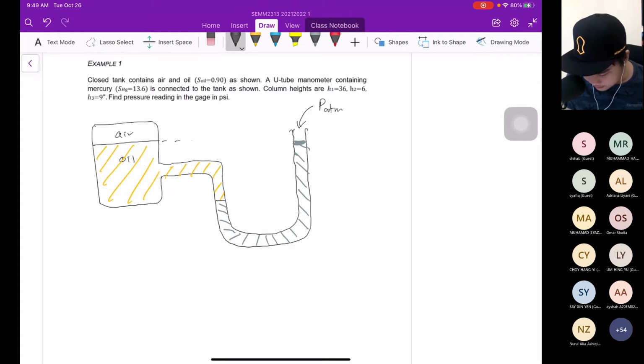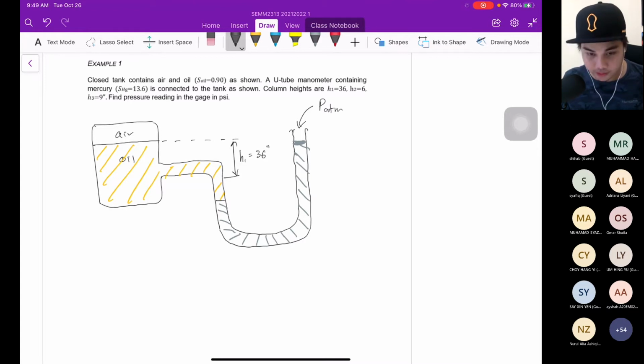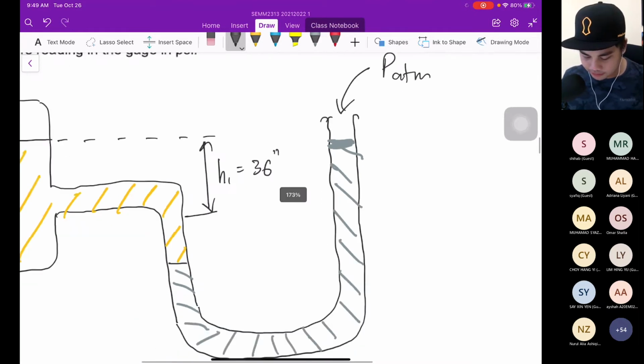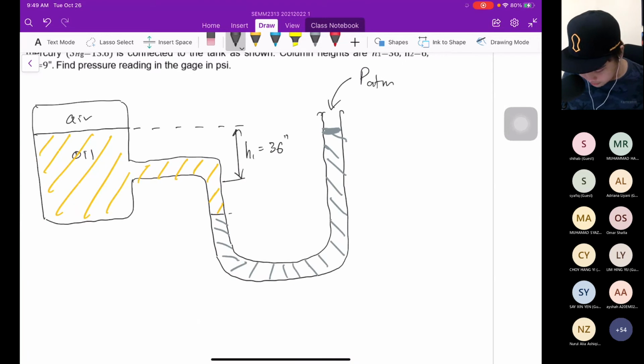This is H1, which is 36 inch. You can see this double quotation mark is inch, and a single quotation mark is foot. From here to here is H2, 6 inch.